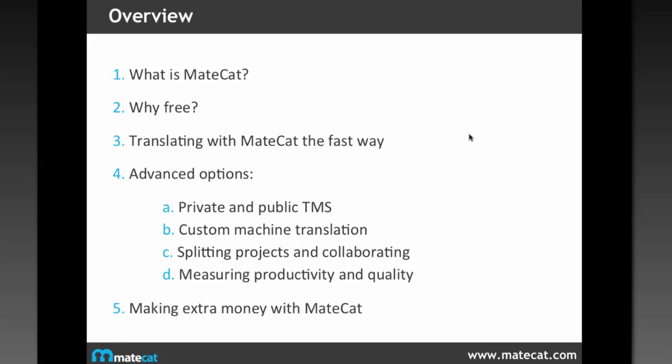And then how we can actually translate with MateCat, the fast way, as I was mentioning, and advanced options. Finally, there's something more about the translation tool that we were presenting. That is, you can make extra money with it. I'm going to talk about it for a couple of minutes, just to let you understand what you can do with MateCat also in that respect.